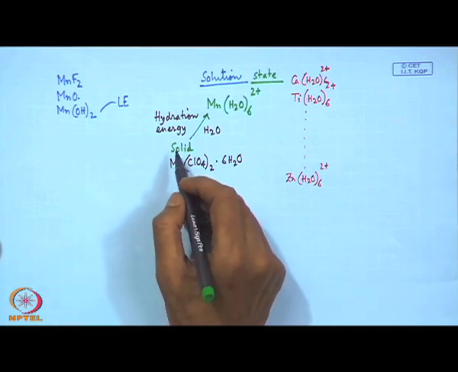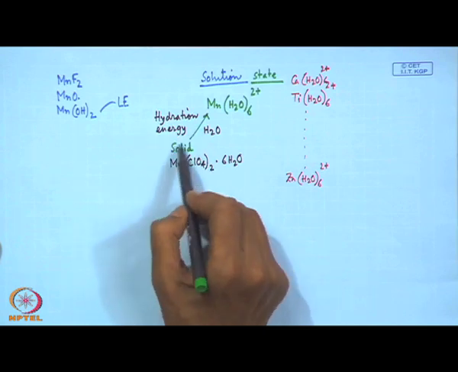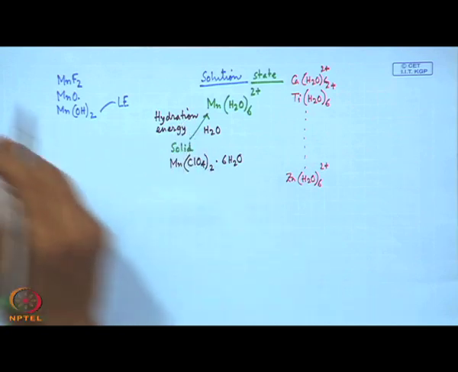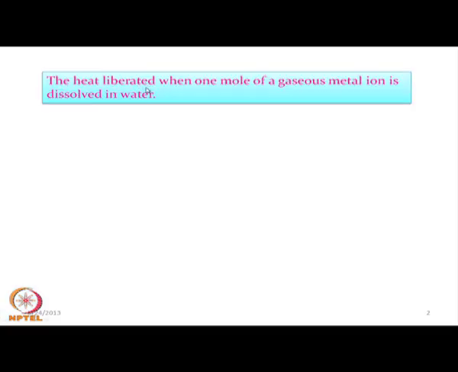So, from thermodynamic point of view, what is called this hydration energy? Hydration energy is nothing but the amount of heat energy which is liberated when 1 mole of gaseous metal ion is dissolved in water. So, the calculations are based on the standard reference of the metal ion in the gaseous state.